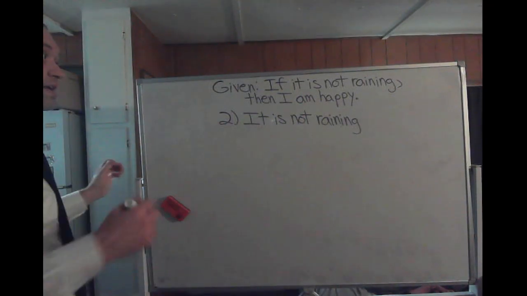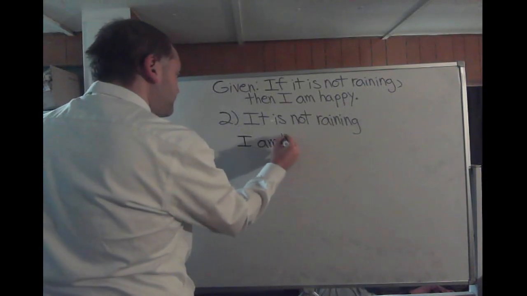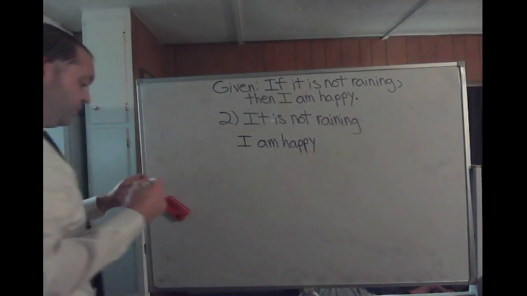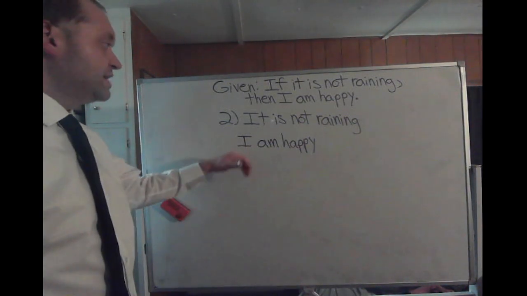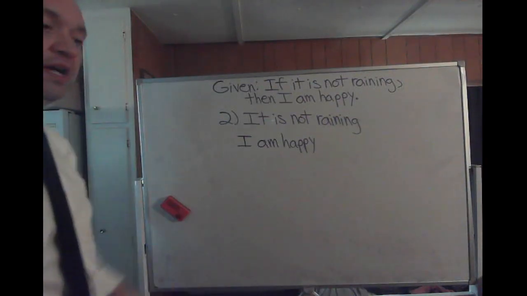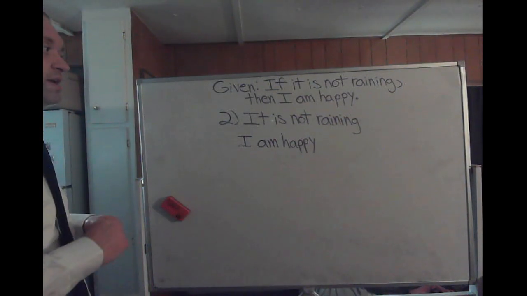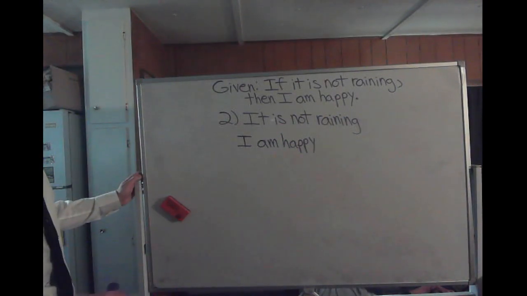So this time we can reach a conclusion that I am happy. To draw a conclusion, you have to be able to directly connect the conclusion with the hypothesis. The last one we couldn't because there's a multitude of reasons they could have been unhappy. But this one's clear. It is not raining. I am happy.